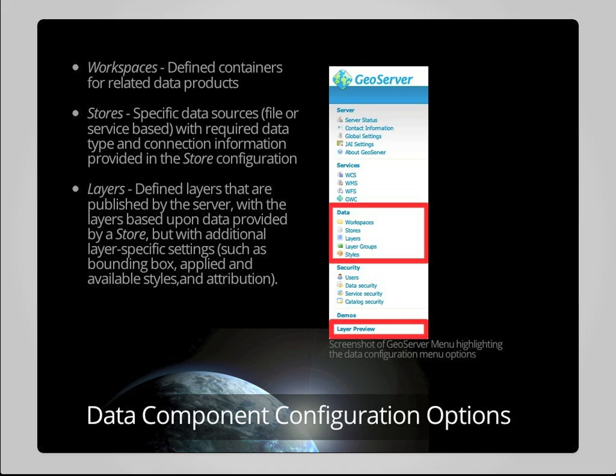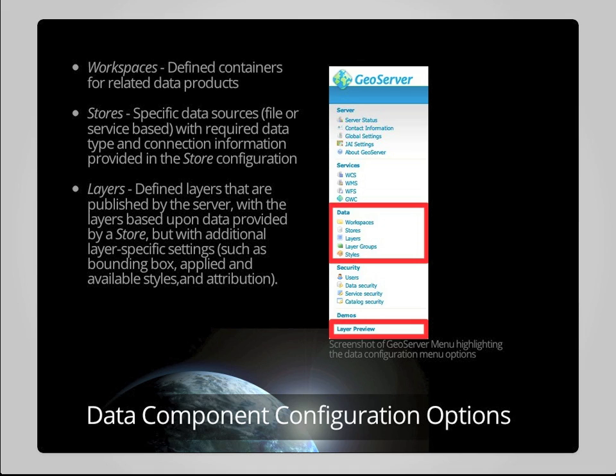Stores are essentially configurations for specific data sources, where those data sources will often be data sets that are stored on the local file system, but also may reference external web services or even geodatabases, with the store configuration representing all of the information needed to interact with the source data.